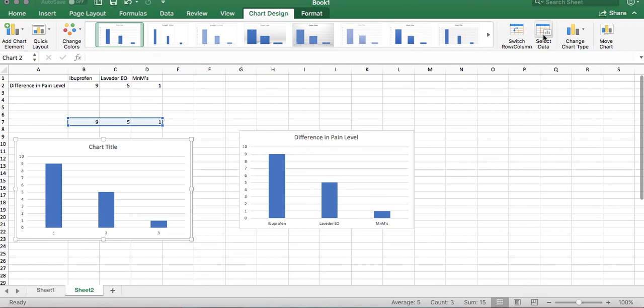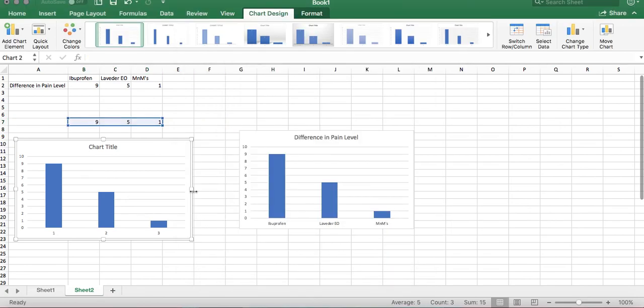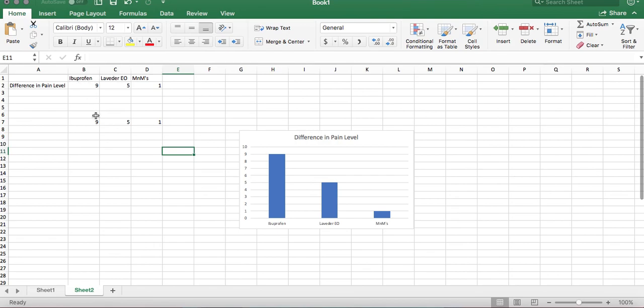If you want to, go up here to select data, press switch row or column, series 1, 2, and 3. The series are our different columns in the bar graph. So you would name it ibuprofen, and save it, and it would come up just like this. But I typically just go ahead and save myself some time and put it in the actual Excel cells.